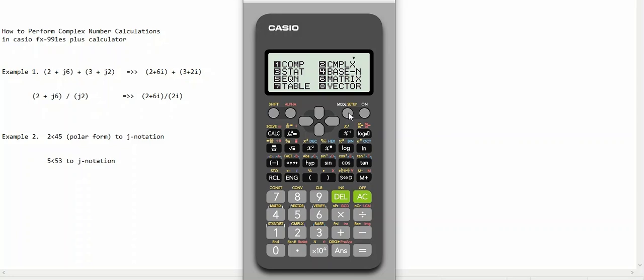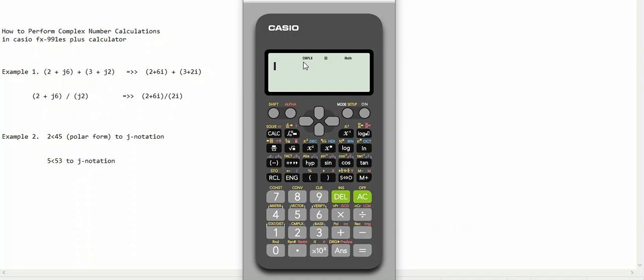To perform complex number calculations, we have to set our calculator to complex mode, which is mode 2. So I'll simply click on the mode here and select 2. As you can see, the complex is showing here.